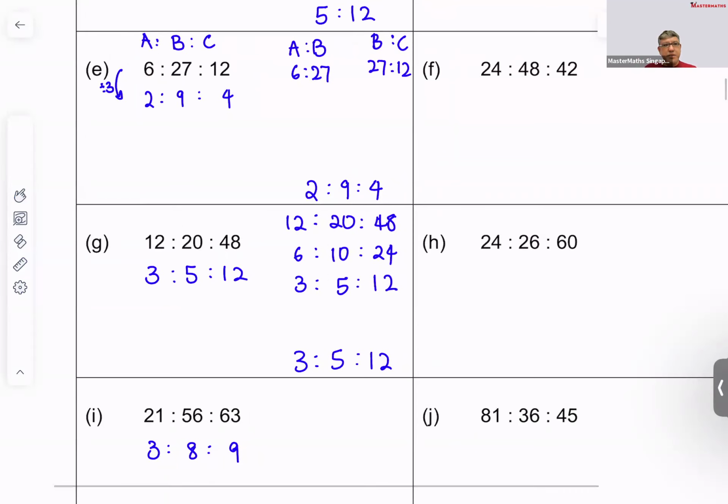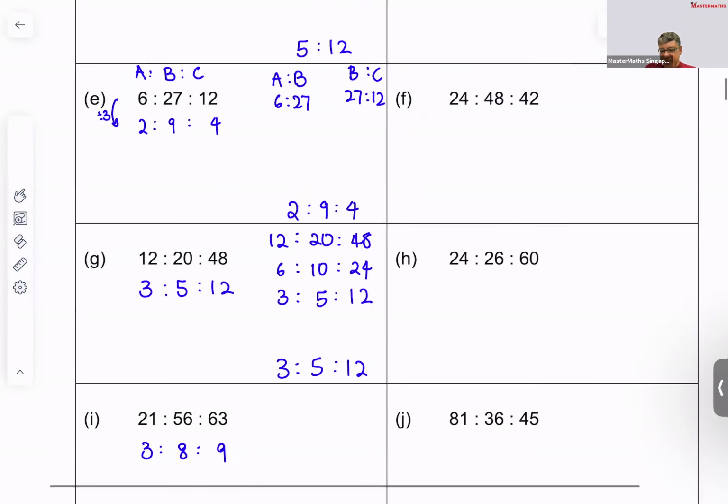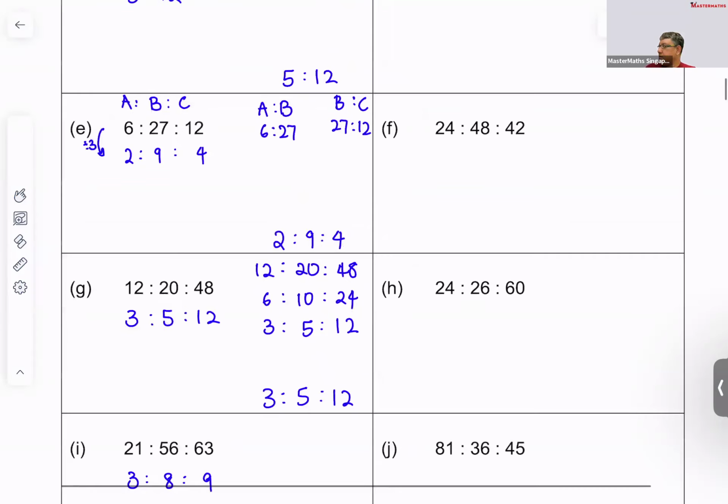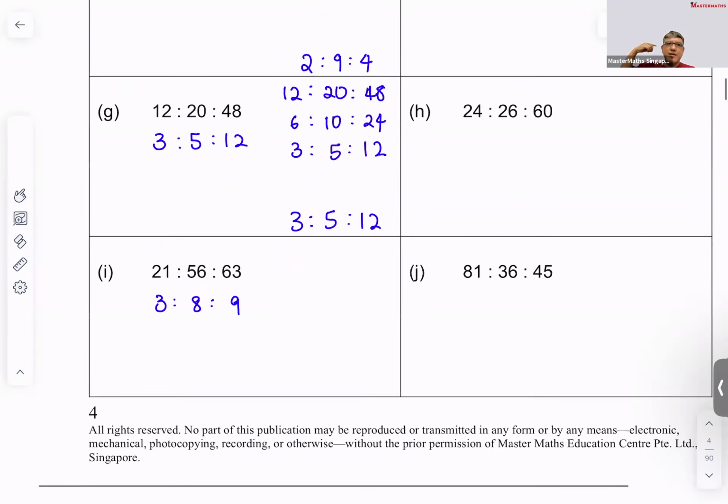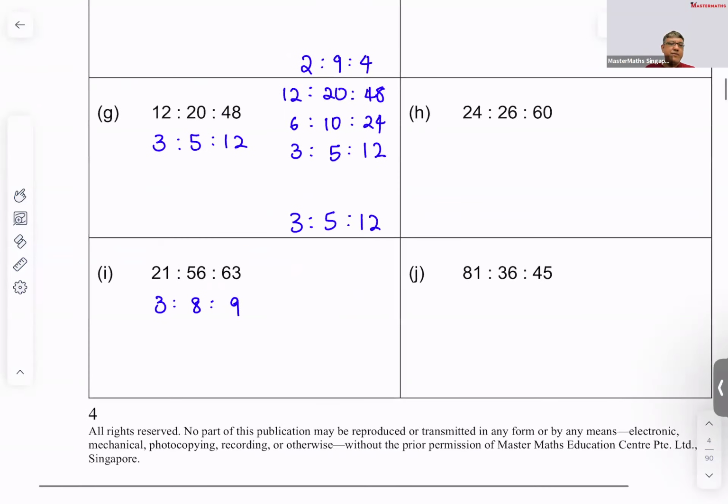Okay, this happens to the P6s because you use too much calculator. You don't know what the numbers are, right? Every time press calculator, then you realize, oh, this one. So your mental sums are a bit off already when you go to P5. You realize that at the beginning of P5, your mental sum is better than at the end of P5.